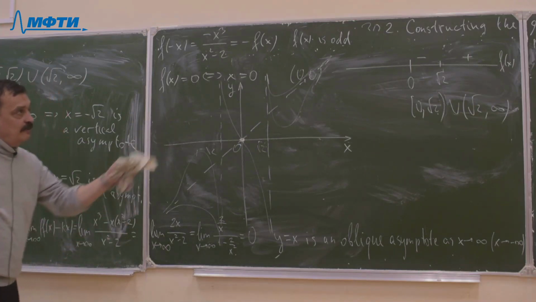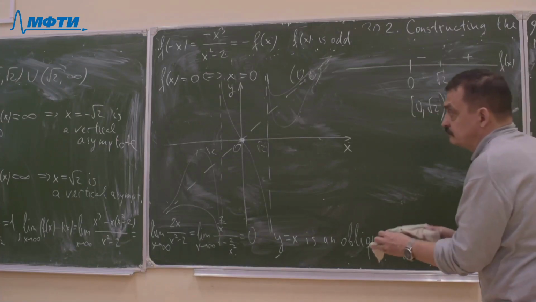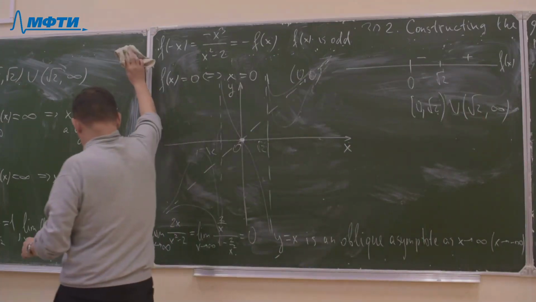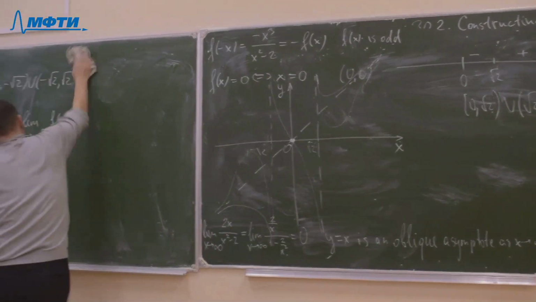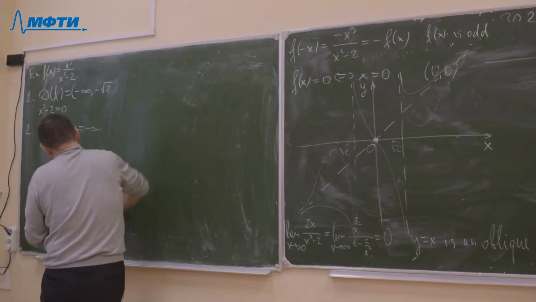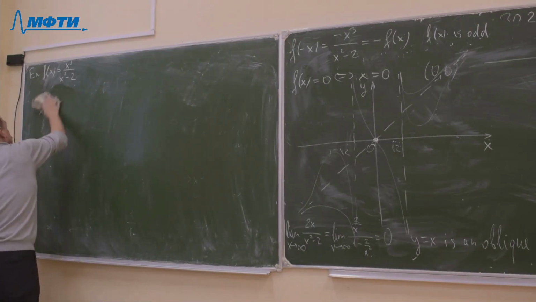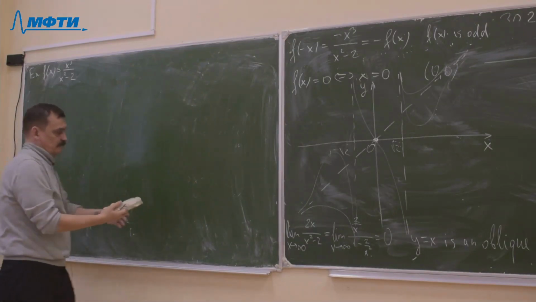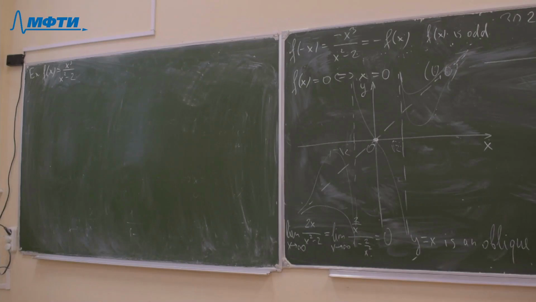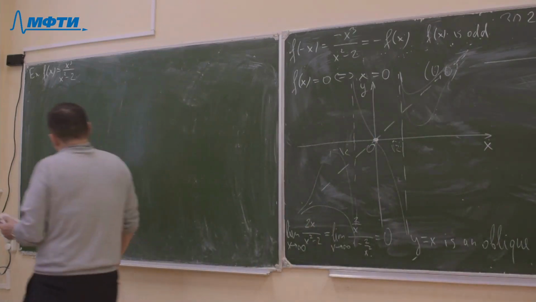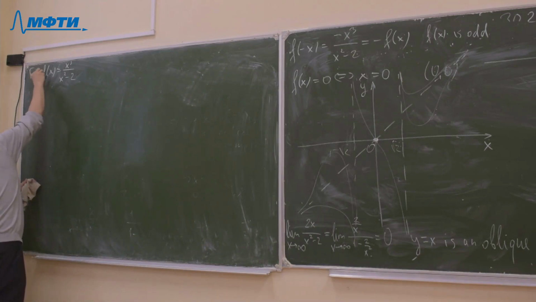Okay, now we can proceed with derivatives. So I will erase the asymptotes. Okay. So now y equals f of x, right?